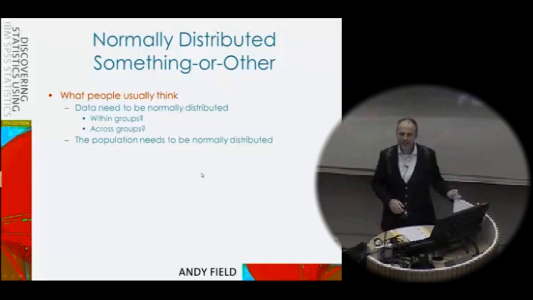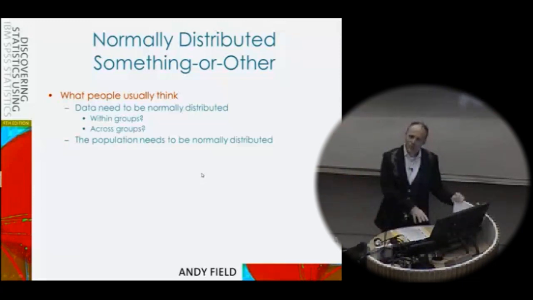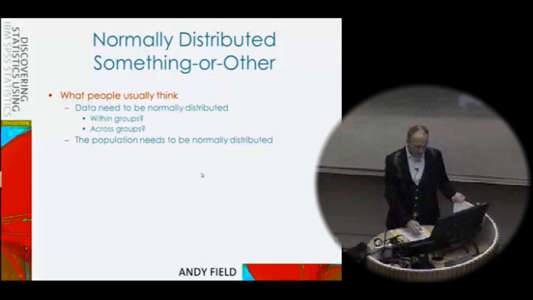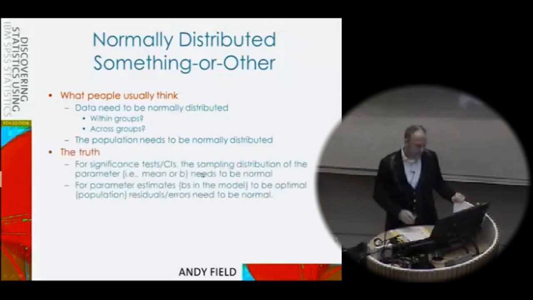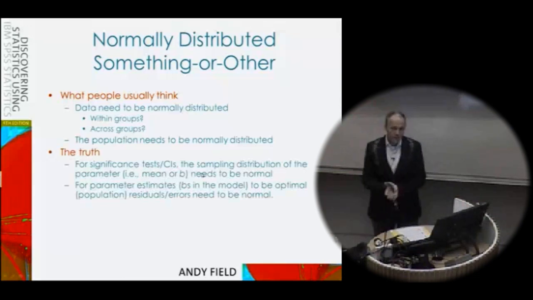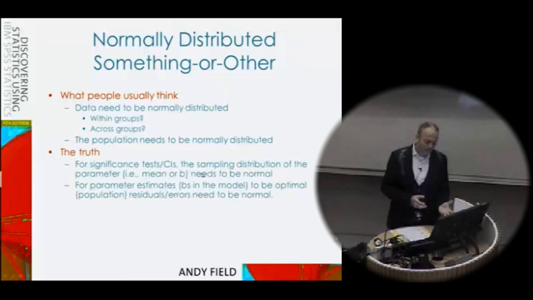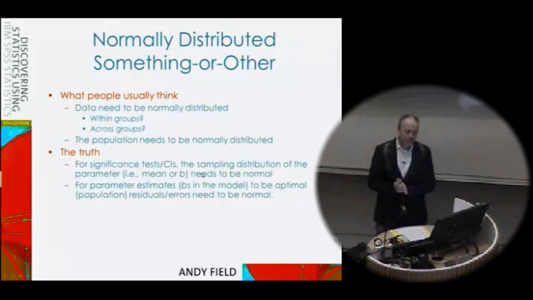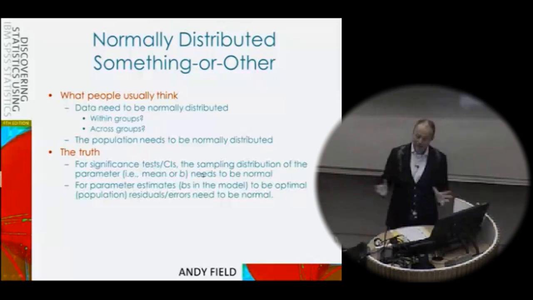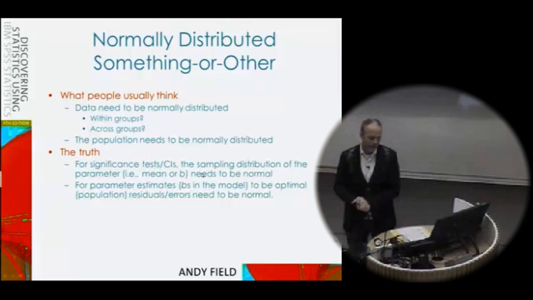It's not the actual data that matter, but we tend to use the data to work out whether the things that matter are actually normally distributed or not. What actually matters, if you're doing significance tests or constructing confidence intervals, which we talked about yesterday, is that the sampling distribution is normal, not the data themselves: the sampling distribution of whatever parameter you're significance testing.